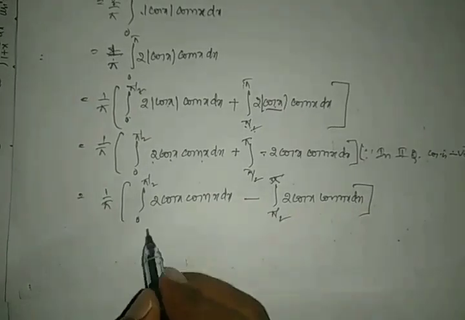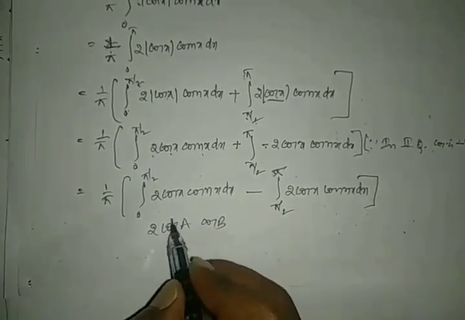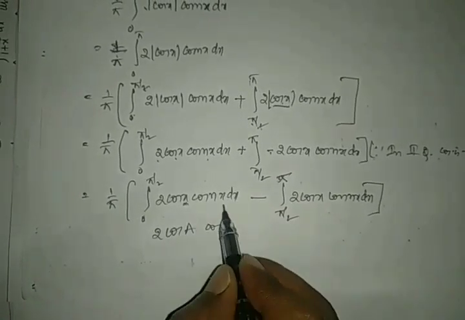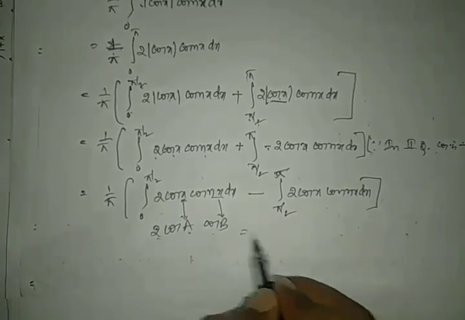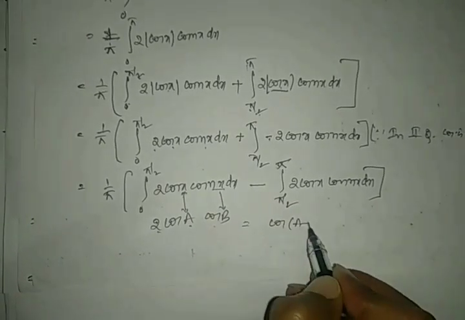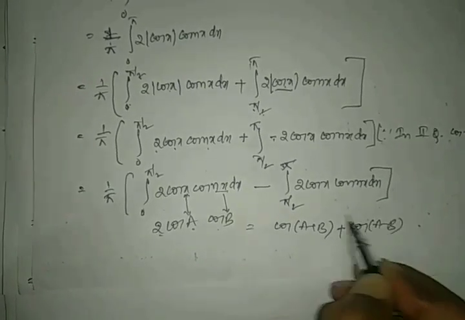Observe, this is the 2 cos A cos B formula, where A is x and B is nx. So 2 cos A cos B is equal to cos of A plus B plus cos of A minus B.